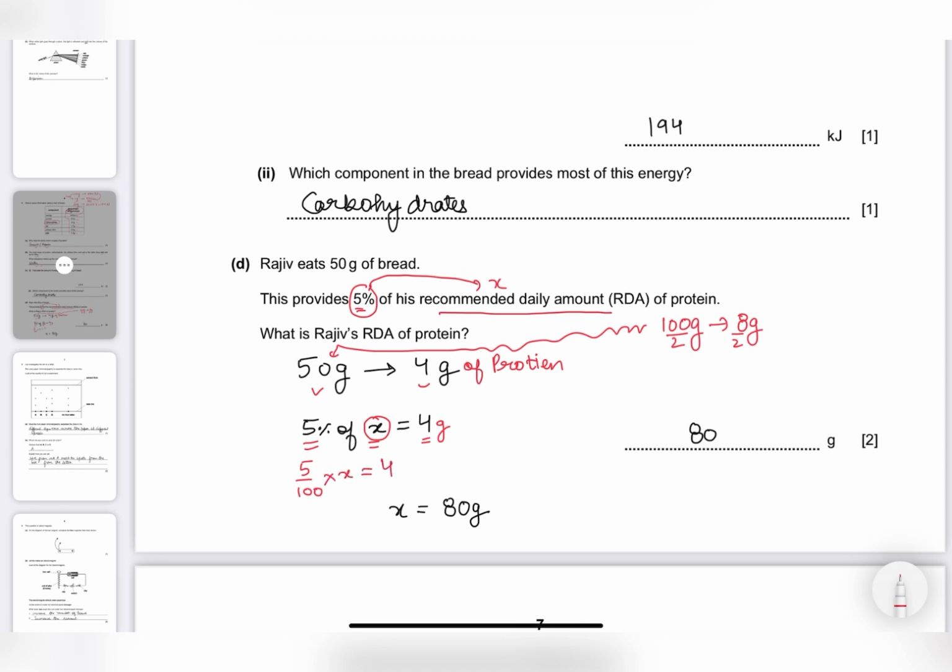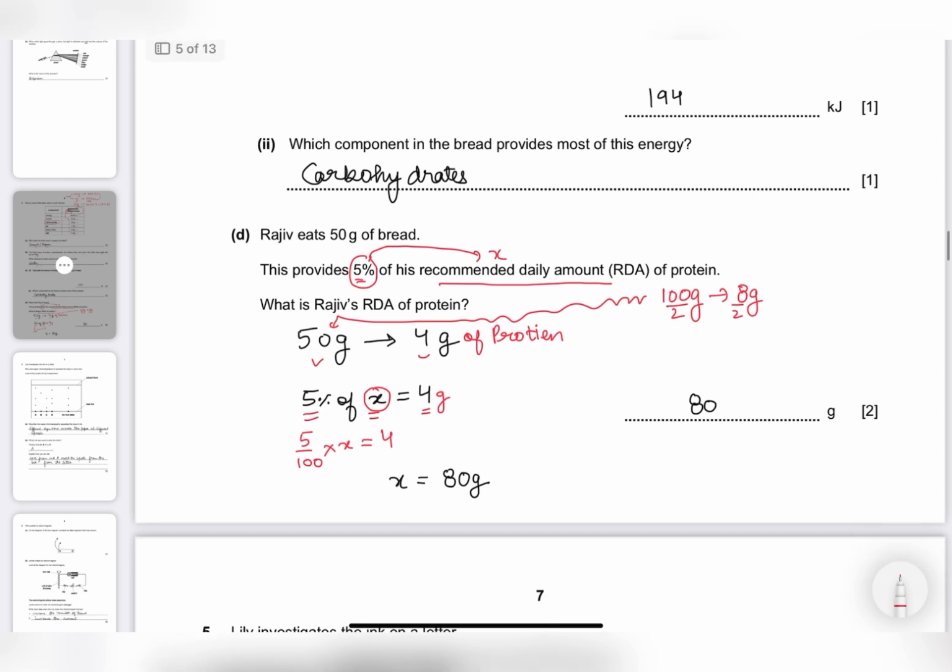Now look, I will solve this for you. So it would be 5 times X equals 4 times 100, because 100 is in division over here. Once it reaches the other side, the sign changes. Side changes, sign changes. It was in division; once it is over there, it becomes multiplication. So 5 times X equals 400.